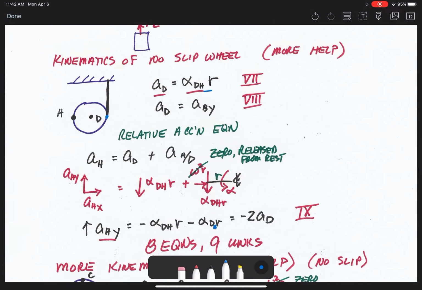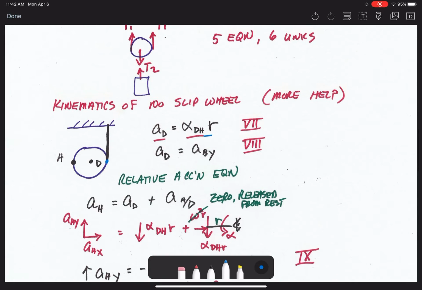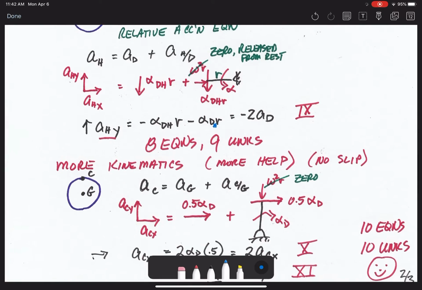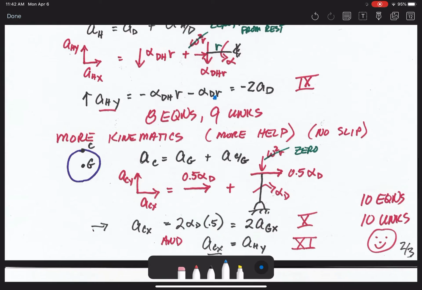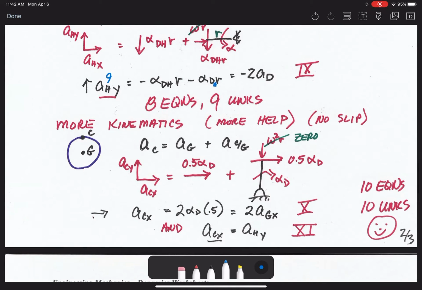So we stop at number 6, and then you have number 7, number 8, and number 9. So we have 9 unknowns and 8 equations, still not able to solve. We need to find more kinematic relationships.